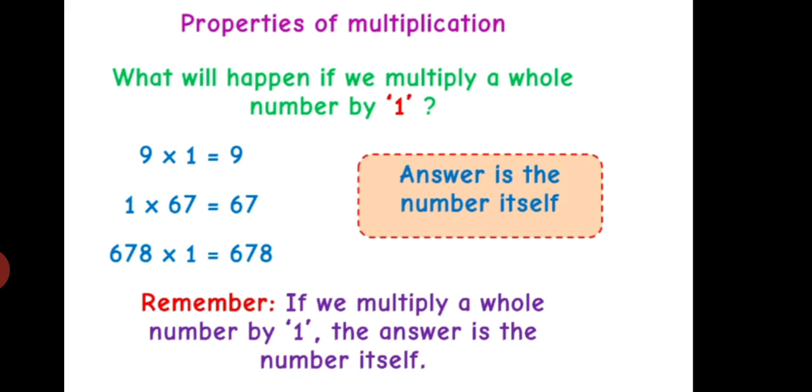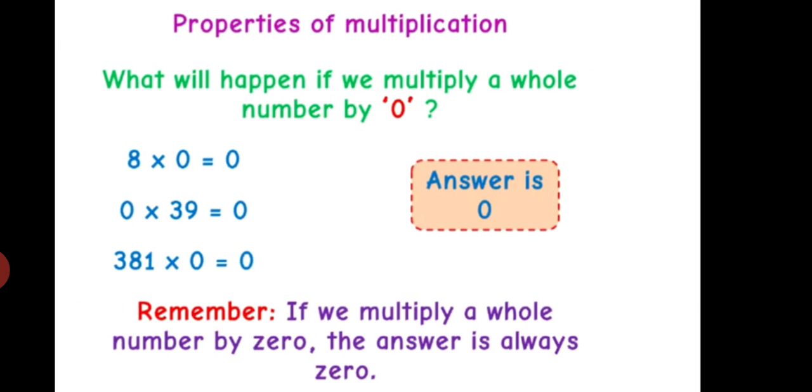The answer is the number itself. So, if we multiply a whole number by 1, the answer is the number itself. This is called the existence of identity. Here the whole number 1, for which any number multiplied by 1 is equal to the number itself, is called the multiplicative identity. That means 1 is the multiplicative identity.